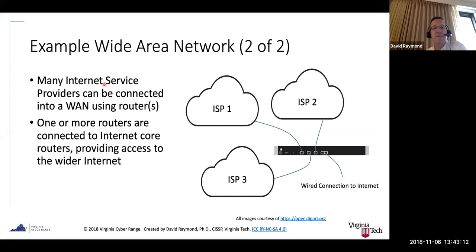So many internet service providers can be connected into a WAN using routers. One or more routers are connected to internet core routers providing access to the wider internet. So this is just an example of how this could be set up. It may have no basis in truth, and different metropolitan areas are going to have their networking set up in different ways, but this is a conceptual model of how this could be configured.